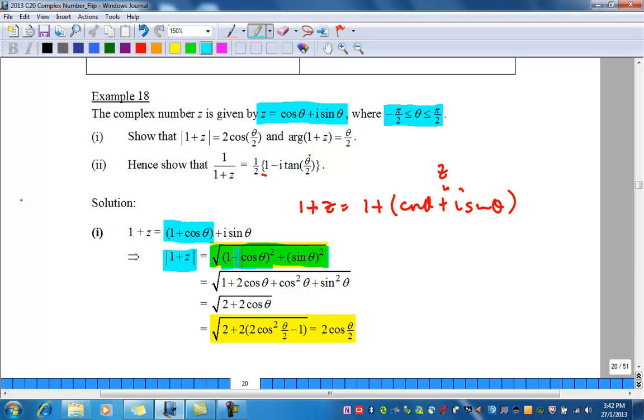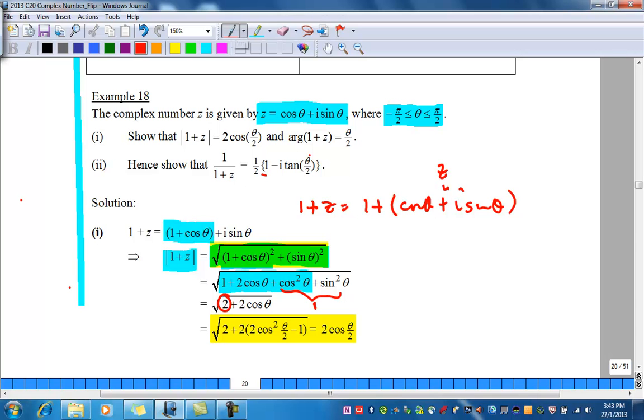And by expanding the 1 plus cos theta squared, you end up with 1 plus 2 cos theta plus cos squared theta plus sine squared theta. Sine squared plus cos squared is 1. You add to the 1, you get your 2 here, and the remaining term is just 2 cos theta.